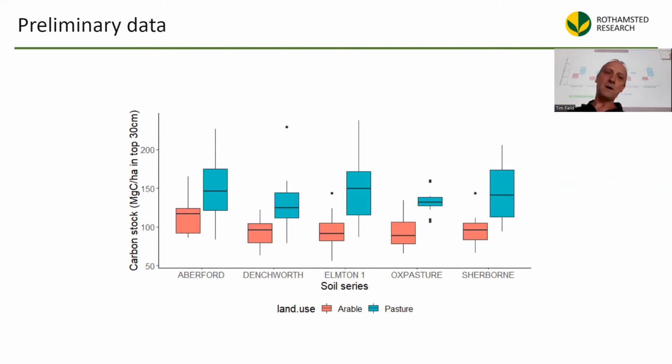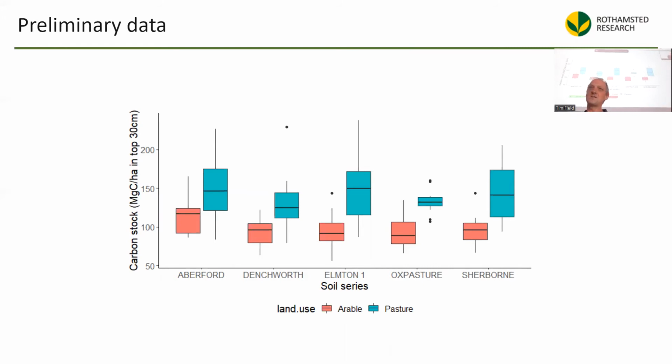So when I talk about benchmarking, it's saying, well, if I'm on the Aberford soil series, we can put your field or your estate somewhere in this box plot. So I can say, well, compared to all of the other fields on this land use and this soil series in the cluster, this is where I am. I've got 100 tons of carbon per hectare in the top 30 centimeters. I don't know why soil scientists express it as megagrams of carbon. It's tons of carbon.